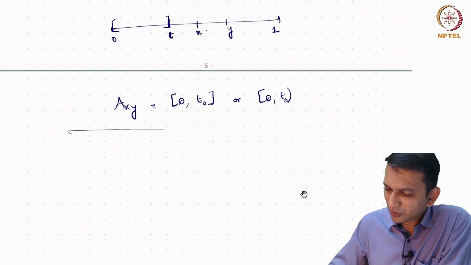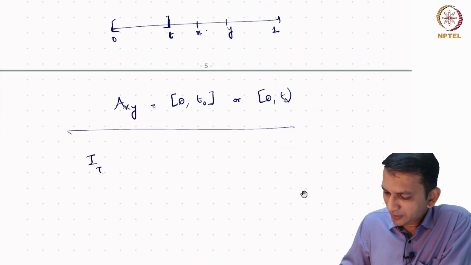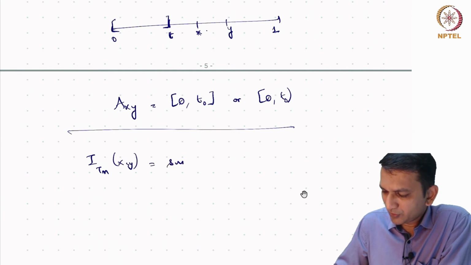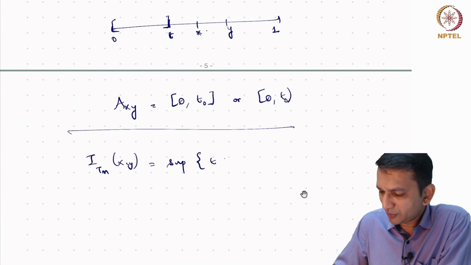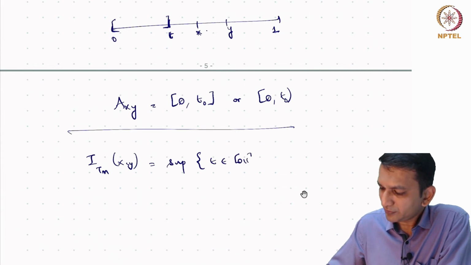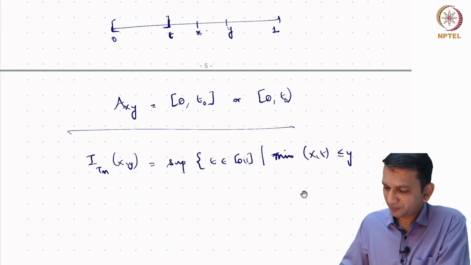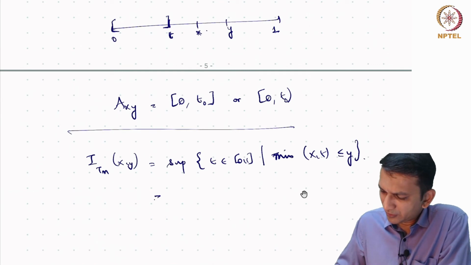Okay, so now let's come back to ITM of XY, which is nothing but supremum of t element of 0, 1 such that minimum of x comma t is less than or equal to y. Then, how would this look like?